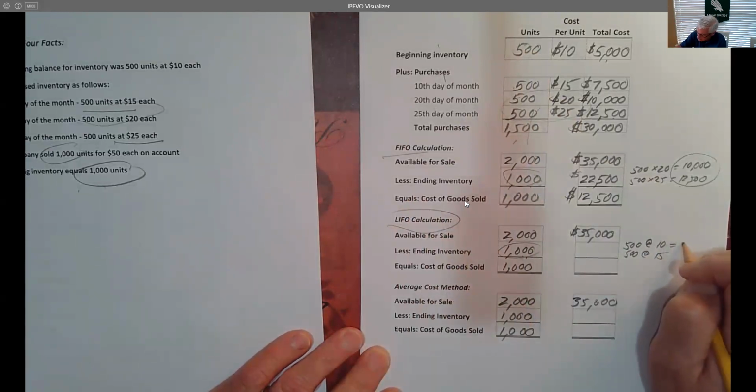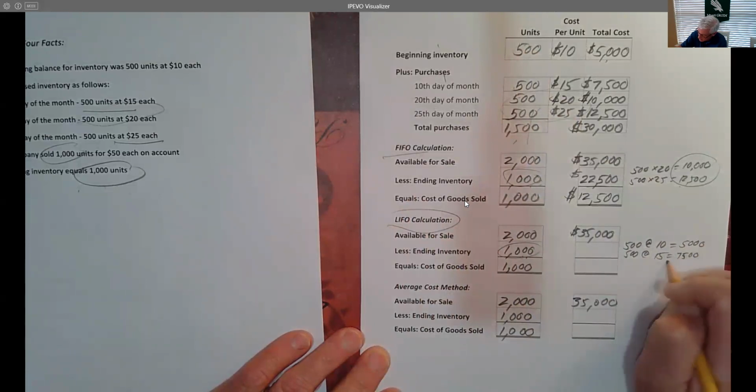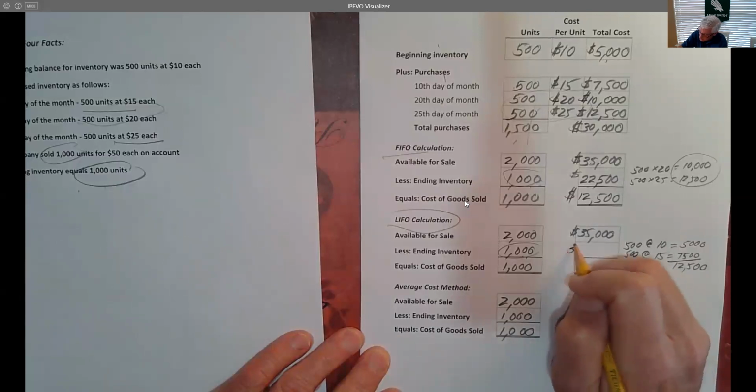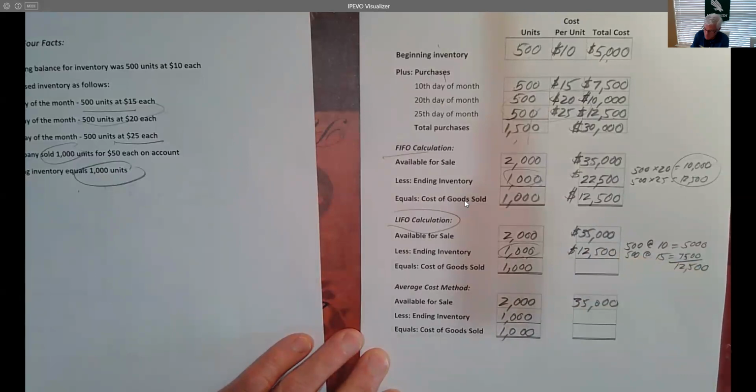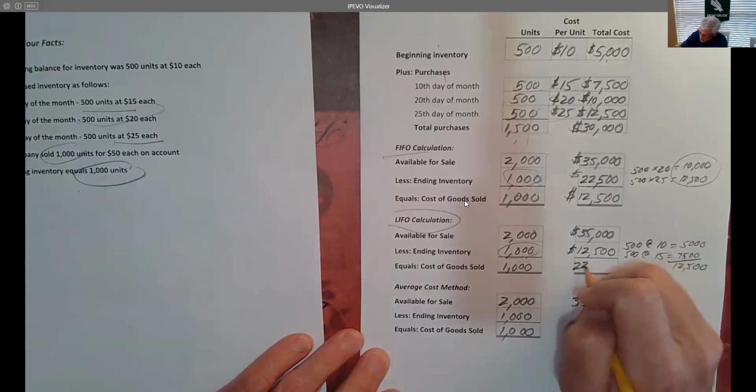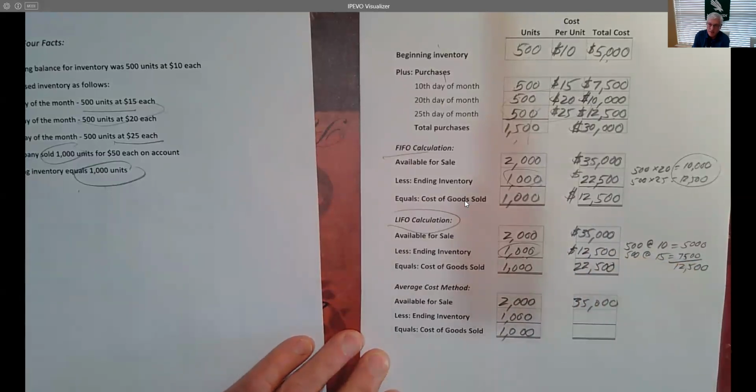And so that's 5,000 and 7,500. We add that up and we got 12,500. What was cost of goods sold? 22,500.